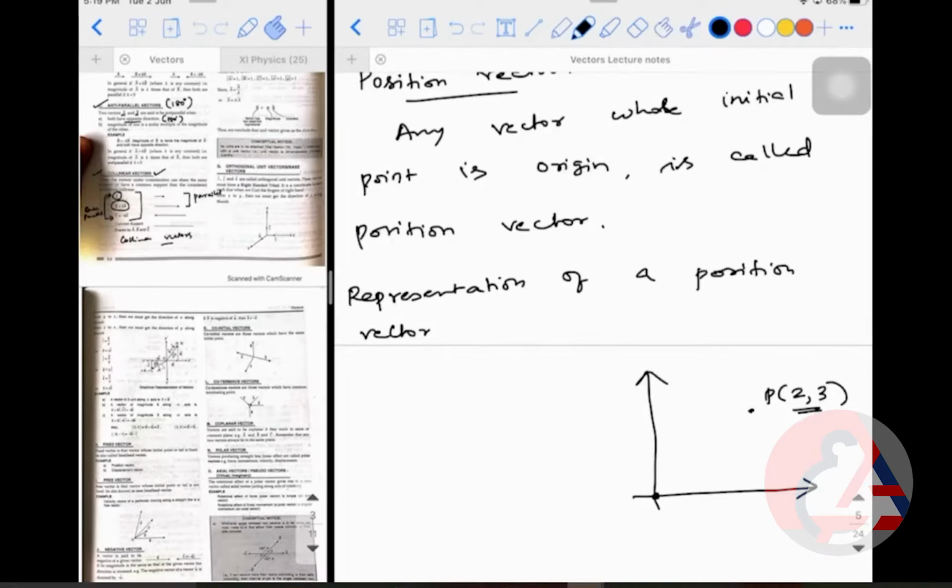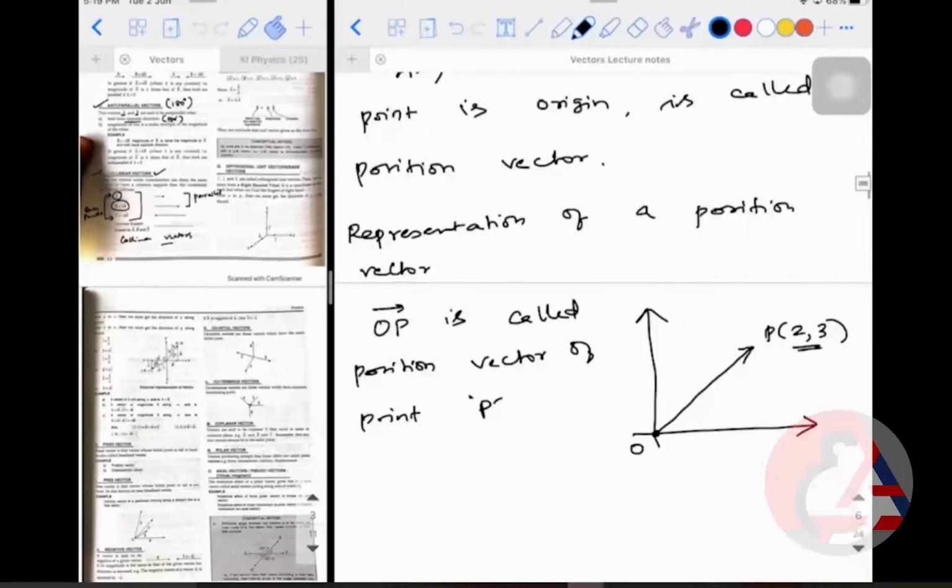If I take the origin as the initial point, and draw a vector from here to here, then this vector OP with a bar on top of it is called the position vector of point P. OP vector is called the position vector of point P.